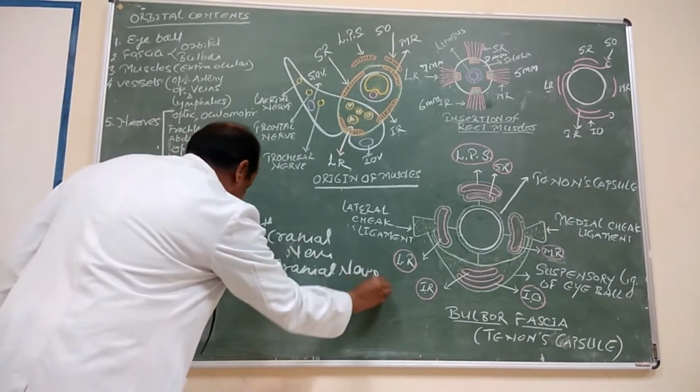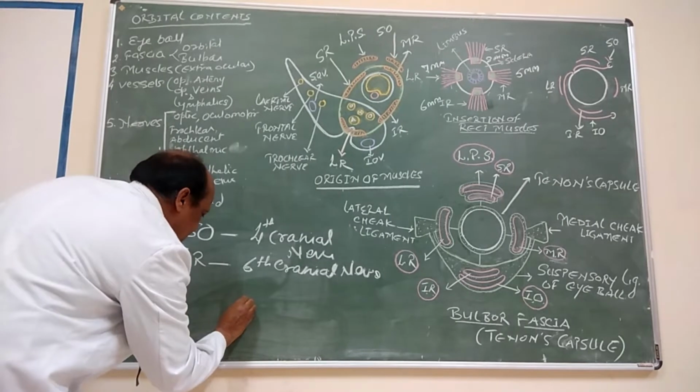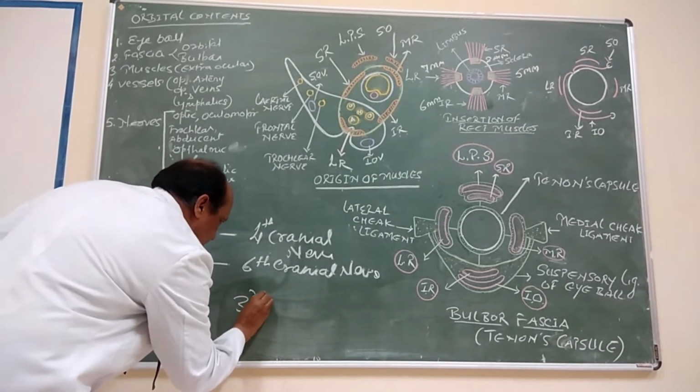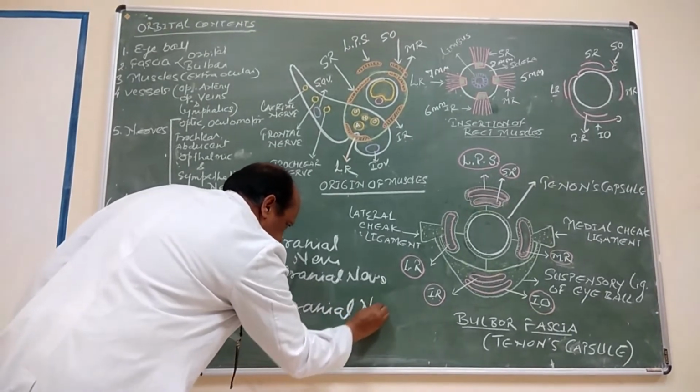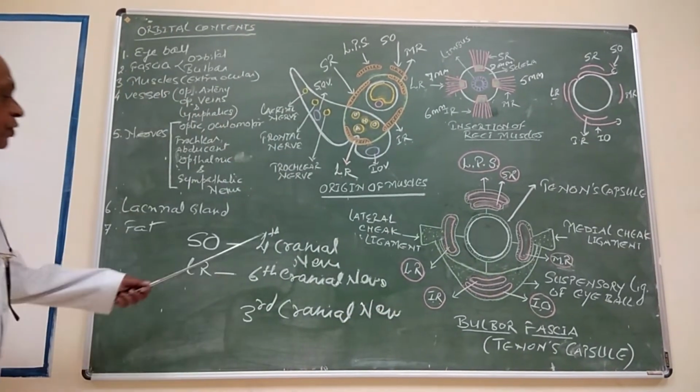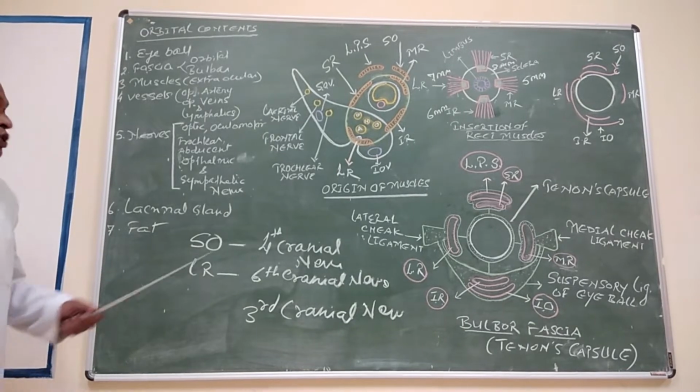Remaining all muscles are supplied by third cranial nerve. Now the fourth cranial nerve is trochlear nerve.